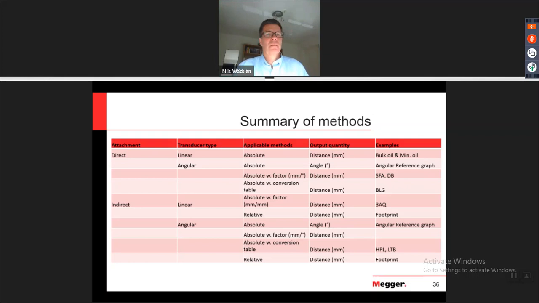What is the disadvantage of over travel during closing? Okay, it depends on the design of the circuit breaker. Some circuit breakers don't have any over travel, because it's impossible due to the design. Some breakers must have over travel to be able to latch in a closed position.